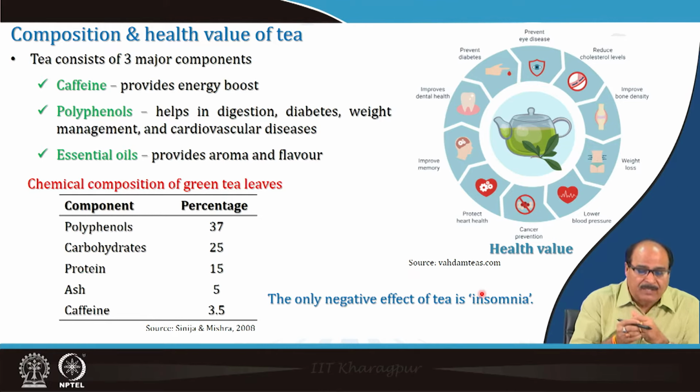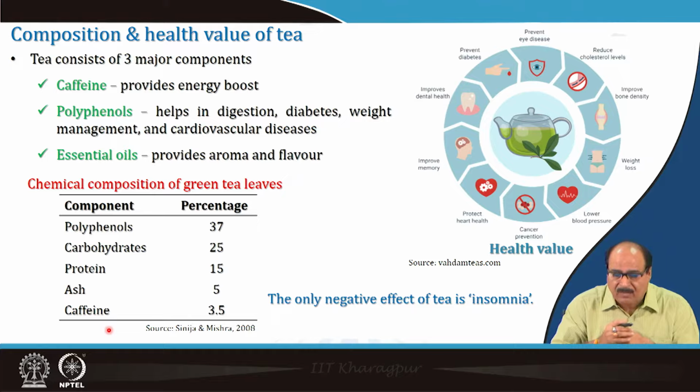The chemical composition of green tea leaves and processed tea shoots is polyphenol about 35-37%, carbohydrate 25%, protein 15%, and caffeine 3.5%. In this figure we have seen the health value of tea.